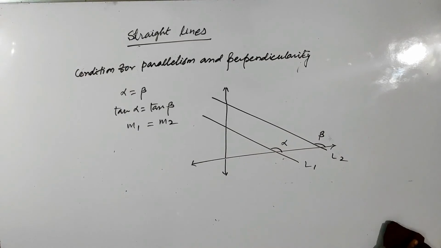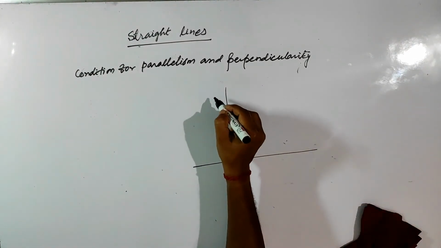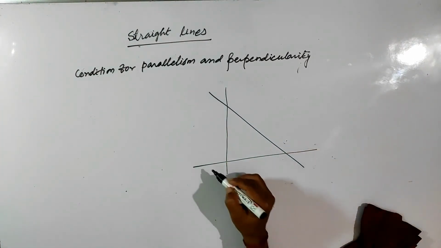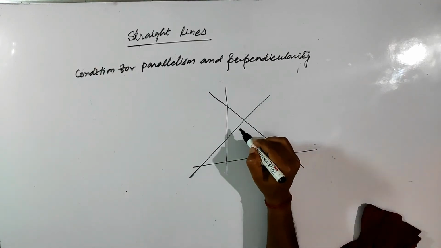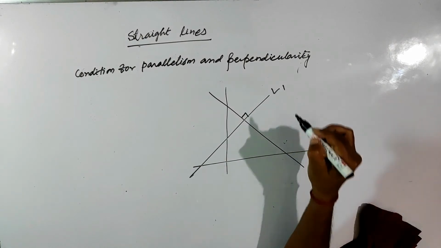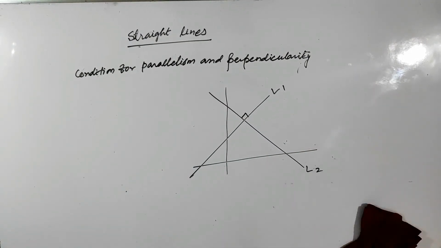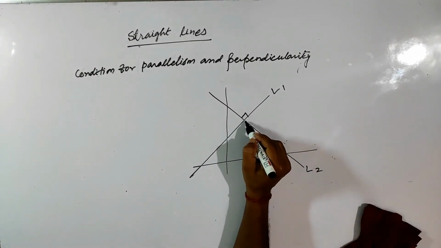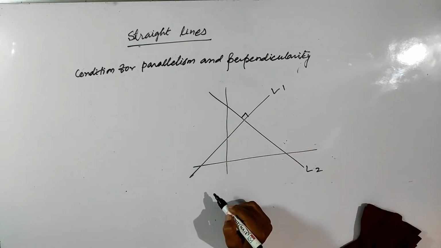Now, if lines are perpendicular, suppose you have two lines, L1 and L2, and both lines are perpendicular.